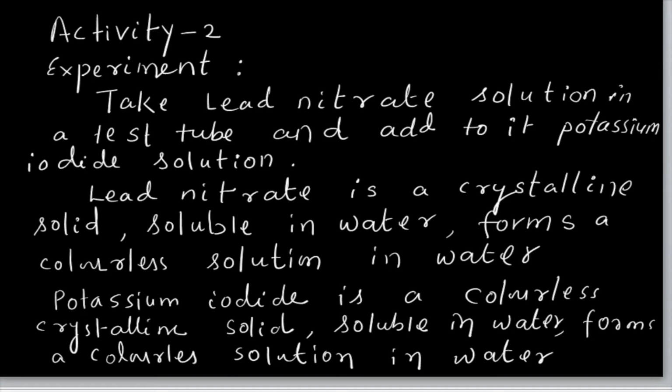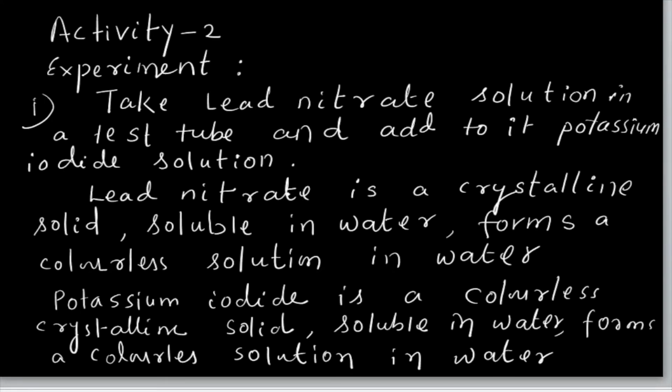Then activity 2. What is activity 2? See the experiment. Take lead nitrate solution. What is lead nitrate? Lead nitrate is a crystalline solid, colorless or totally white in color. Take lead nitrate solution. How can you prepare it?